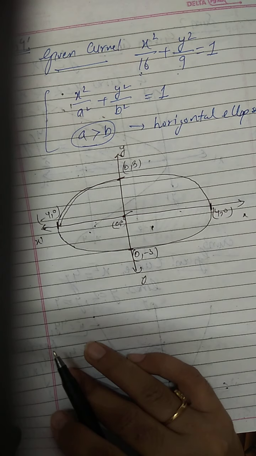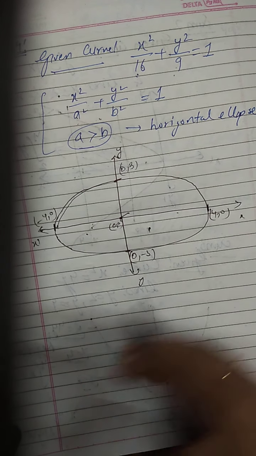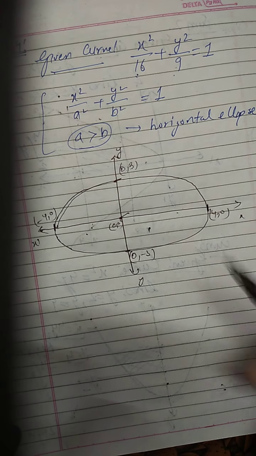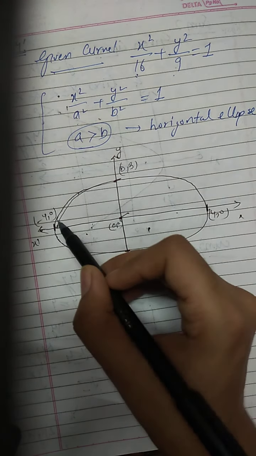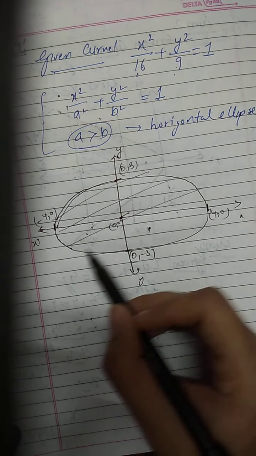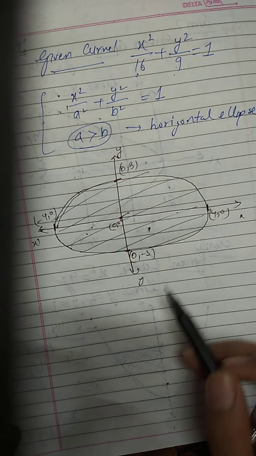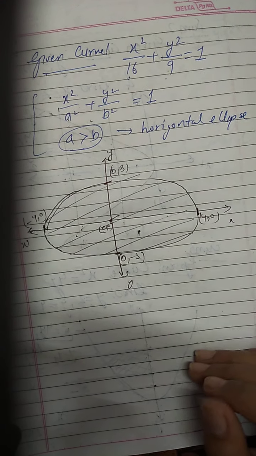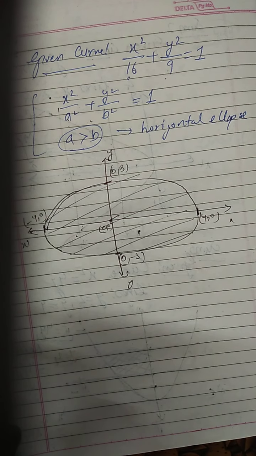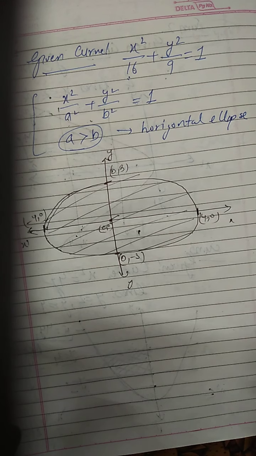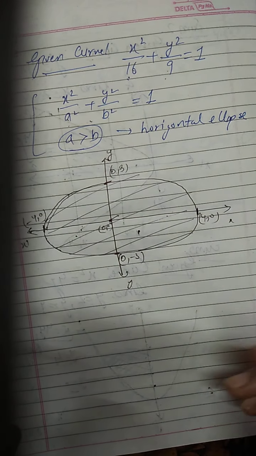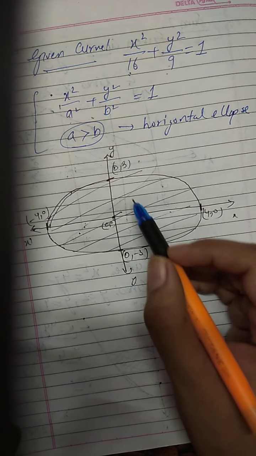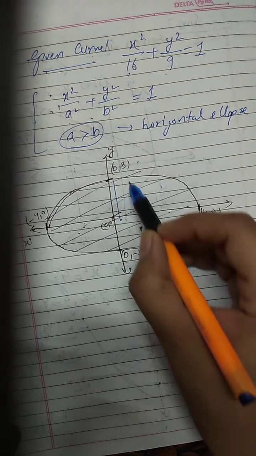There is no need to write down the foci, since we have to find the area bounded by this ellipse. So the whole region bounded by this closed curve we are supposed to find. How will we do it? One thing, if you remember, the ellipse is symmetrical about the x-axis as well as the y-axis.